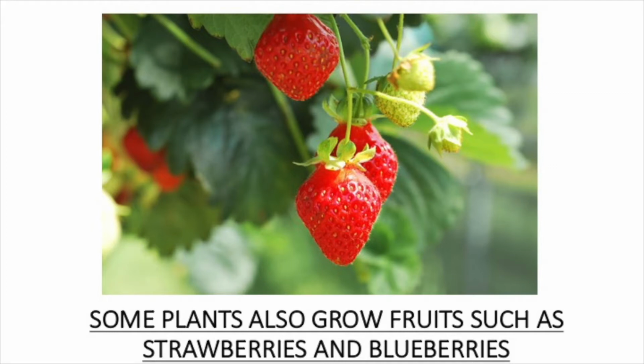Strawberry, raspberry, blueberry. All fruits that have berry in the name come from plants. And there's other types of plants too. Can anybody think of any others? Banana plants too. Well done. Any more questions, guys? Okay, that was excellent. Well done.